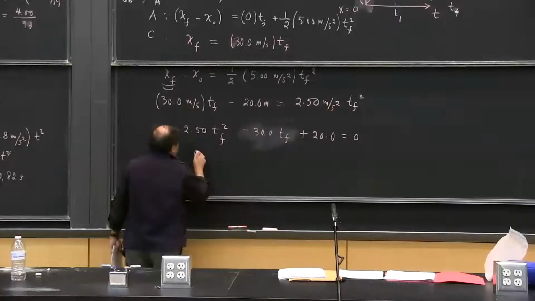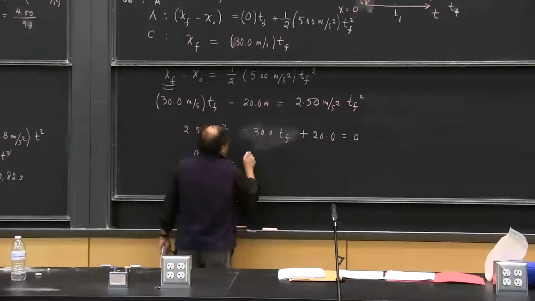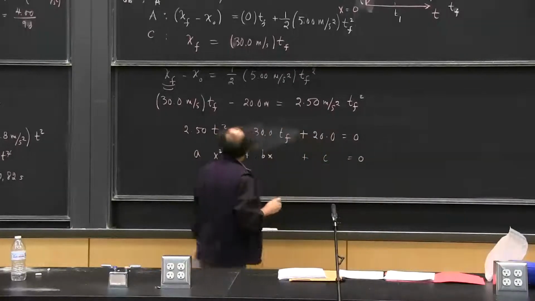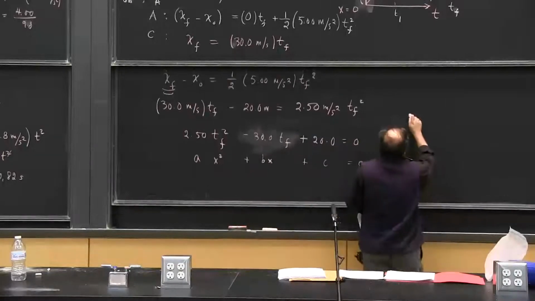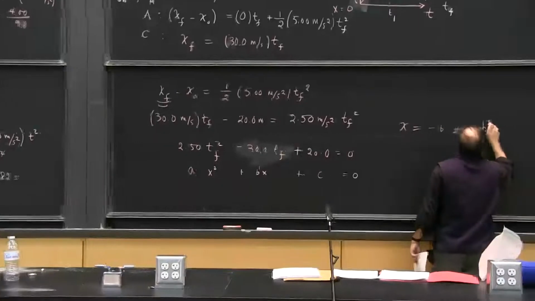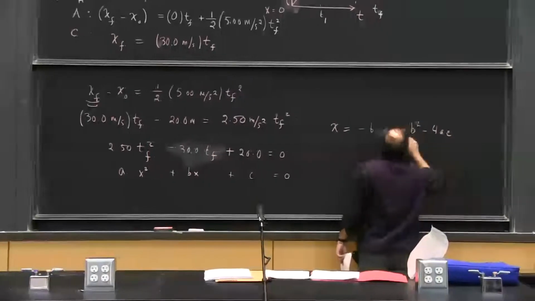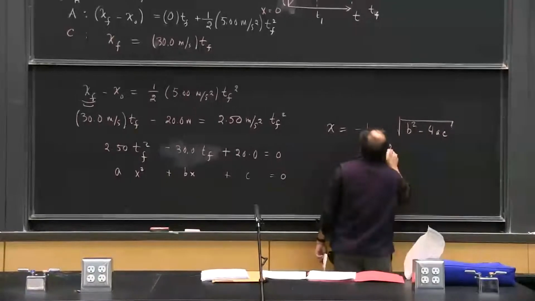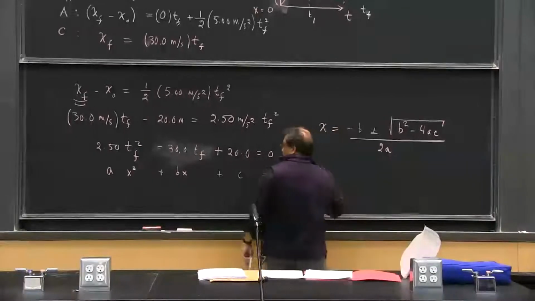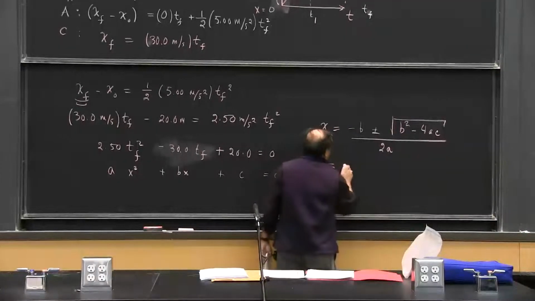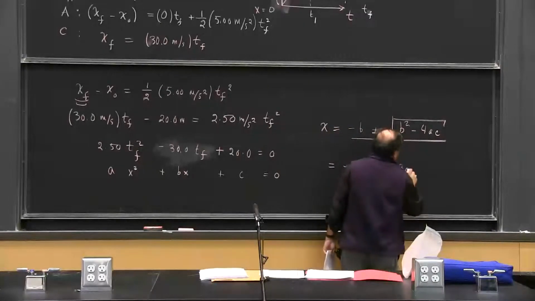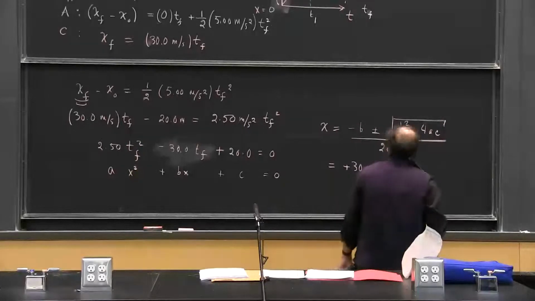So I can basically think of it as ax squared plus bx plus c equal to 0. So then I can write x equals minus b plus minus the square root of b squared minus 4ac, over 2a. So minus b would be plus 30, plus minus 30 squared, which is 900, minus 4ac.